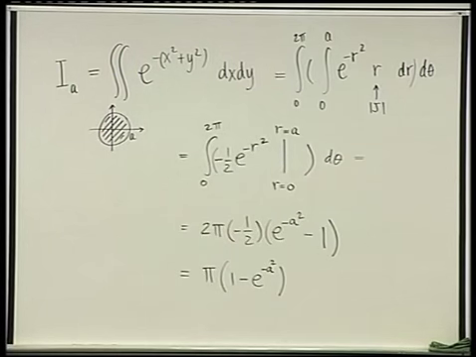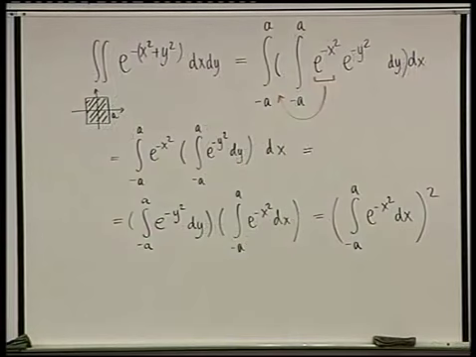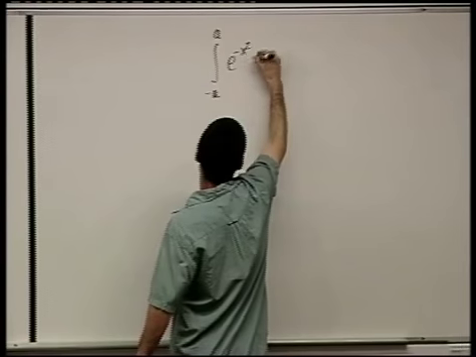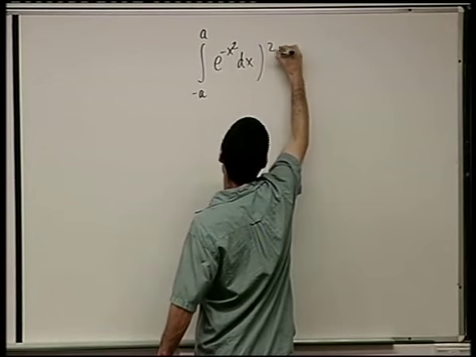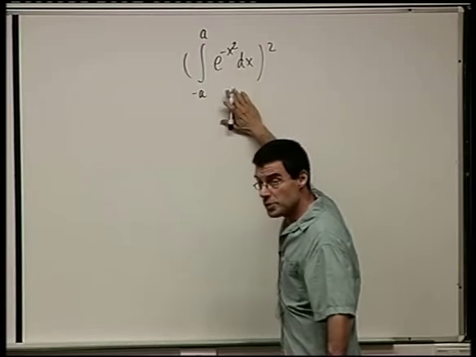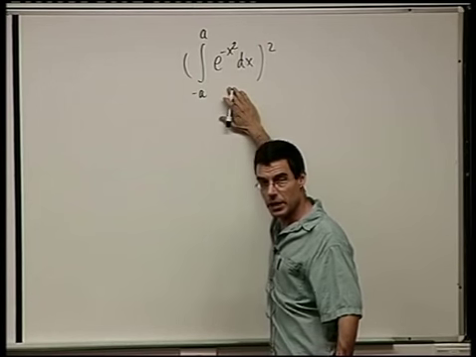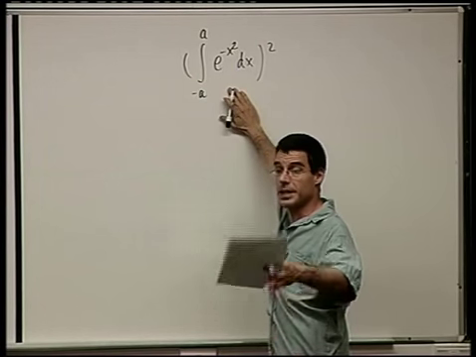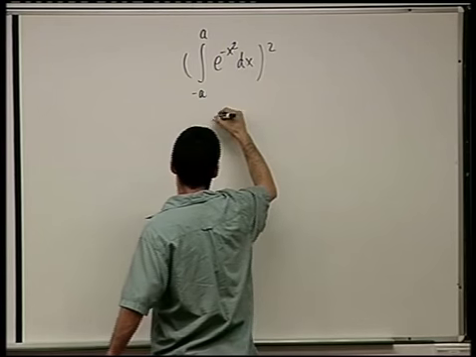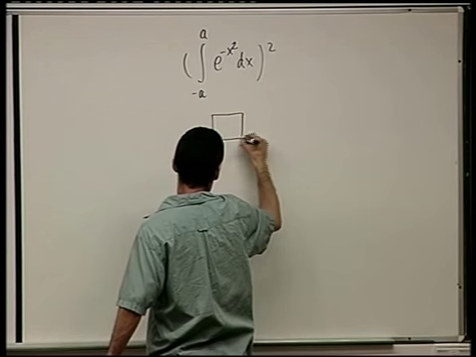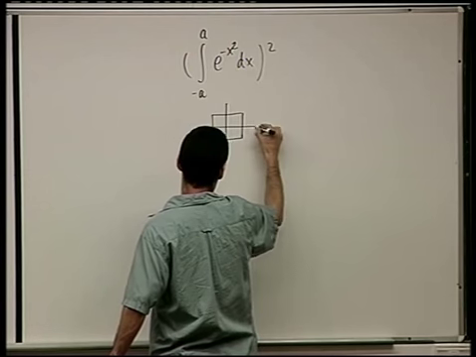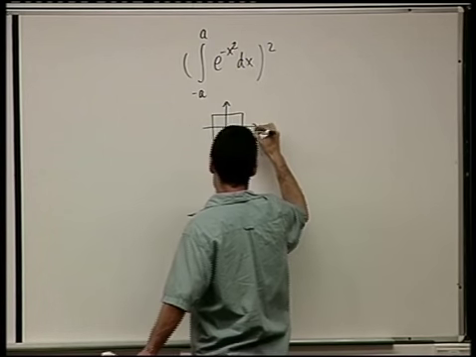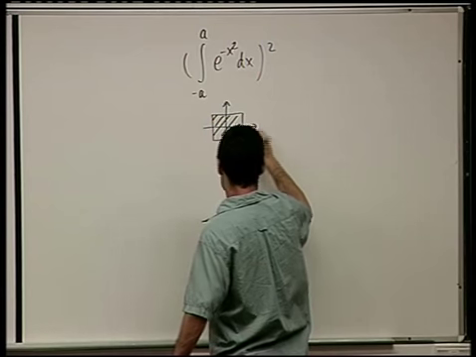So now let's take a new board and tell me if you agree to the following inequality. The integral from minus a to a of e to the minus x squared dx, squared, this was the area under the graph of the function e to the minus x squared plus y squared over a rectangle, a 2a by 2a square like this.